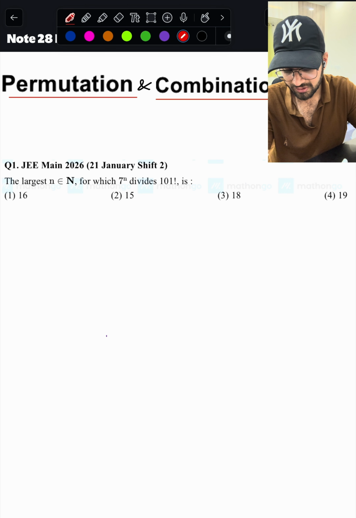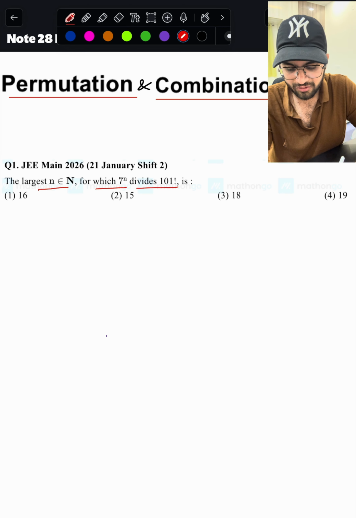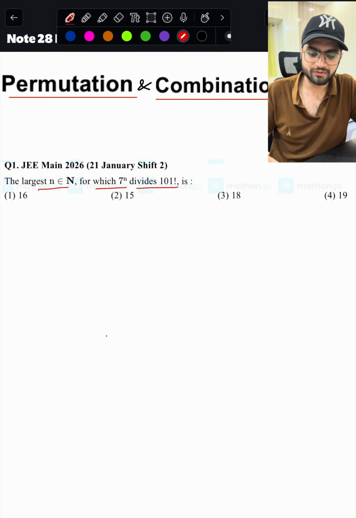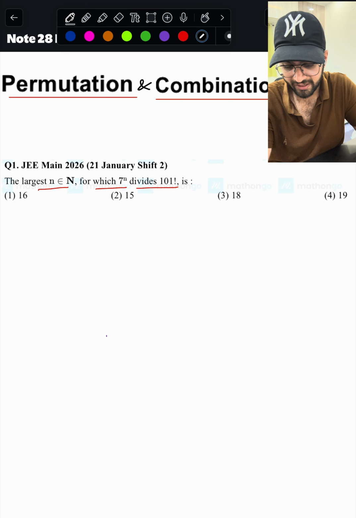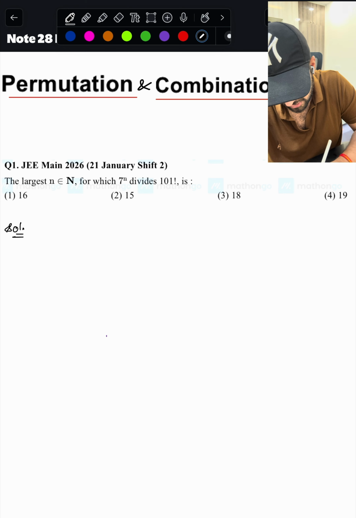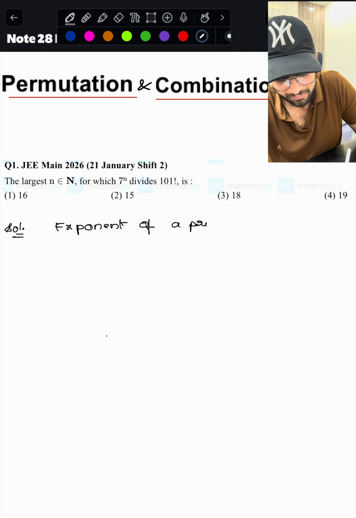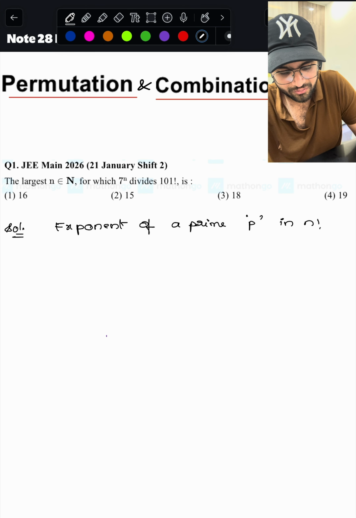So what's the first question given? Here the largest n belonging to natural numbers for which 7 power n divides 101 factorial. It's a pretty straight question. Here it comes to the concept of the exponent of a prime number p in n factorial.